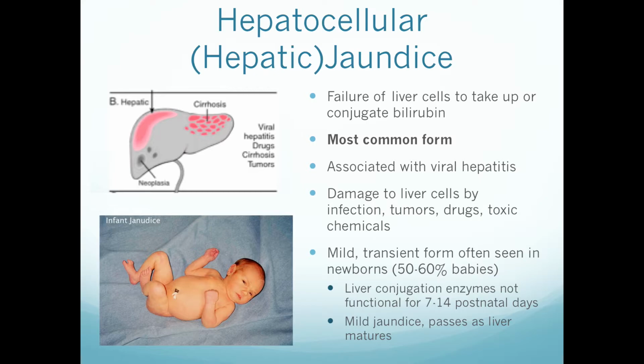Pregnancies go about 40 weeks nowadays. So the sooner newborns are delivered, especially before 37 weeks, the more common it is to see this type of jaundice. So it's going to take a little while for these cells to mature, and it also is going to need to involve some feeding. So if there's any feeding difficulties upon birth, this will take a little bit longer to go away as well.